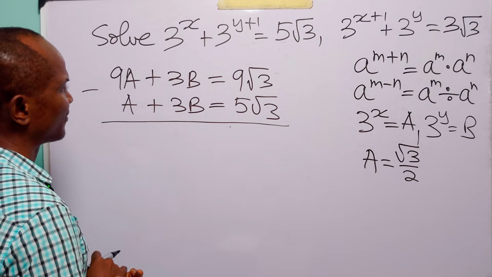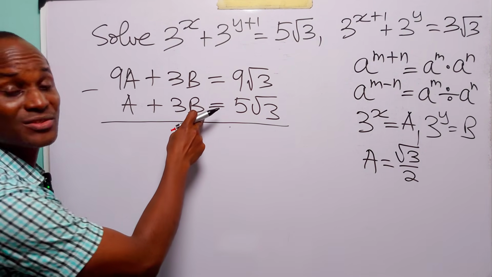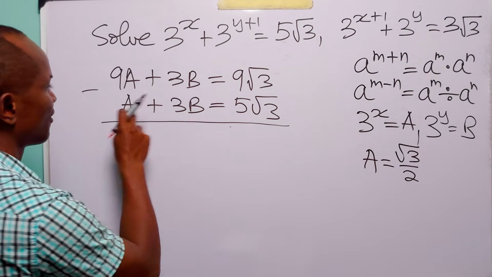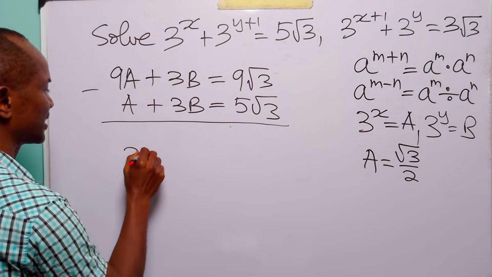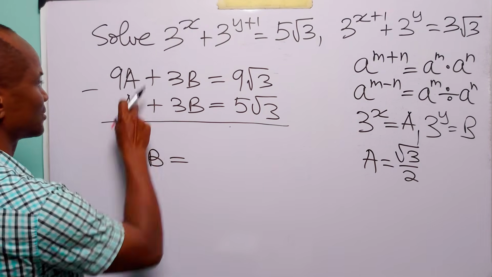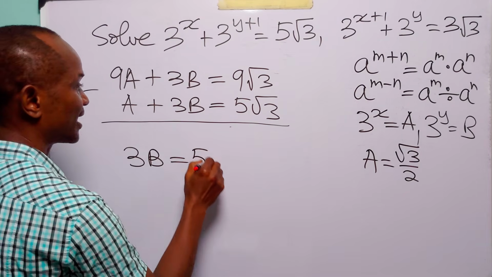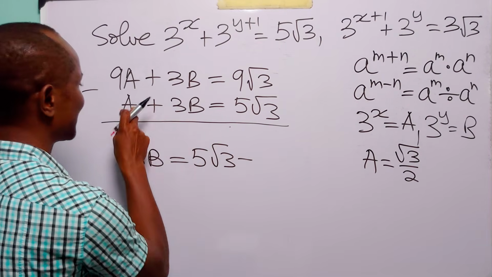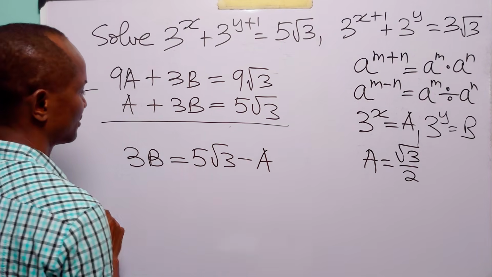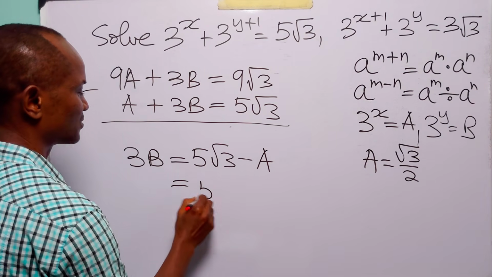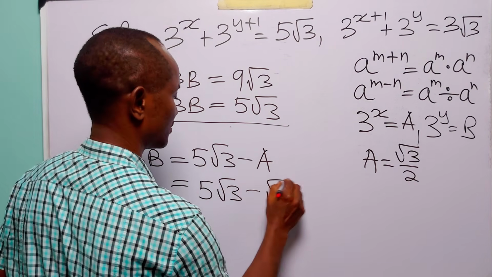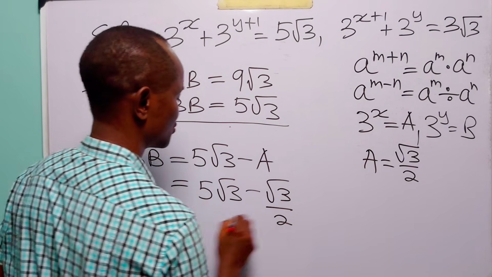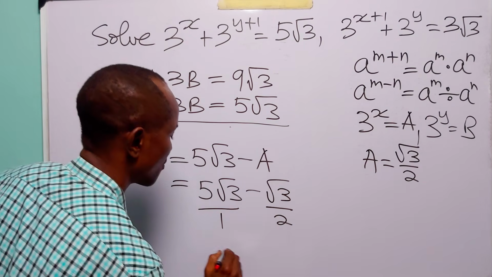And to find the value of b, we go back to this second equation. From this equation, we have that 3b is equal to 5 root 3 minus a. So this is equal to 5 root 3 minus root 3 over 2. Now this is over 1.